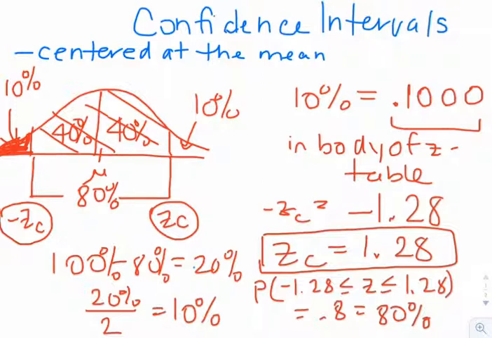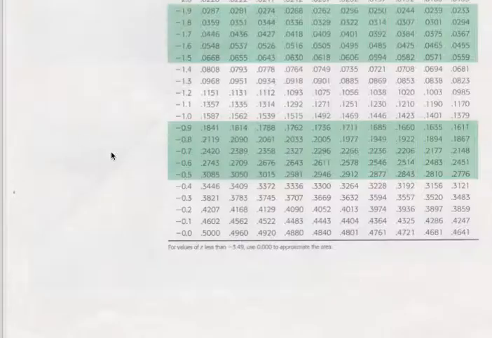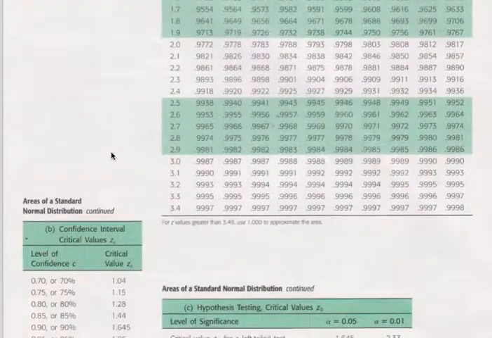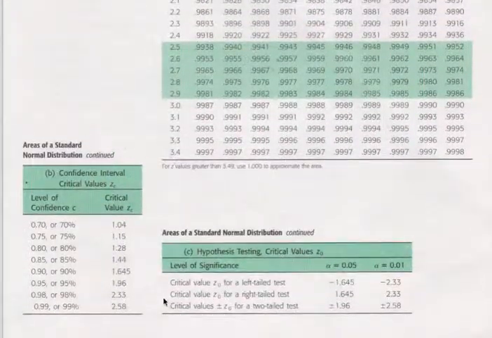These are actually as part of your Z table. So let's look back at your Z table for a moment. And I'm going to look at the positive side of the Z table. If you look at the bottom, there are two more charts. We're going to be looking at this one that begins with B. So what we just did is we looked for an interval centered at the mean, centered at mu, centered at z equals 0, that contained 80% of the data.